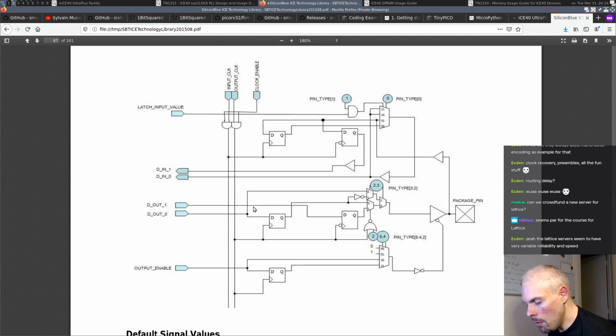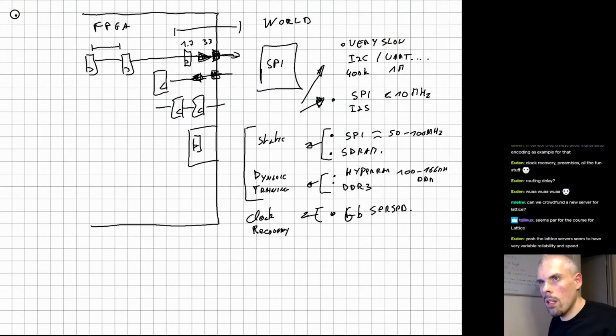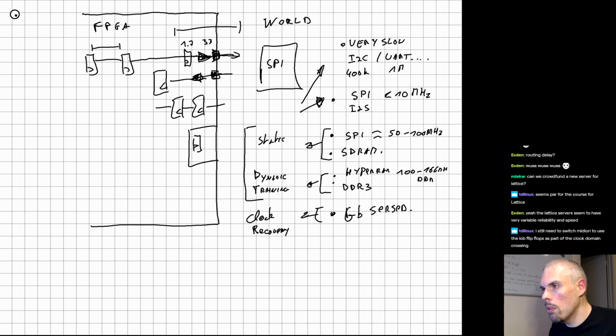Because if you use a flip-flop directly from inside the FPGA, then you can have variable delay depending on where your flip-flop is, and that's pretty much random, unless you fix it manually, and we'll talk about that at some point. The delays are gonna vary randomly depending on when you rebuild your FPGA, because it's a random process, right?